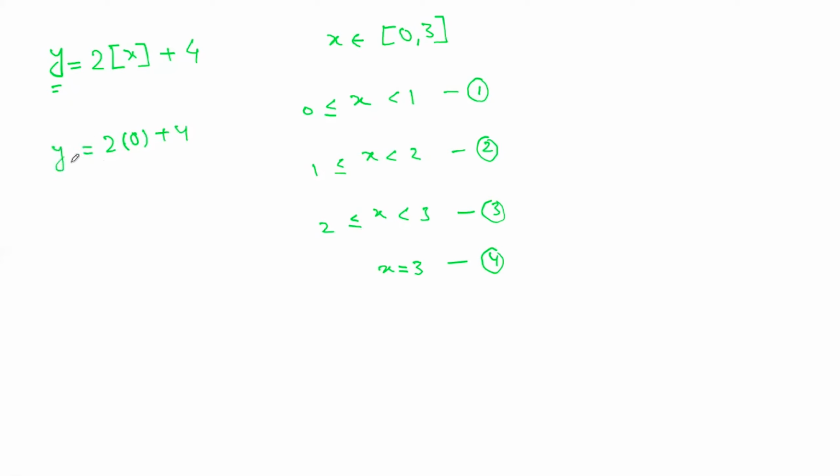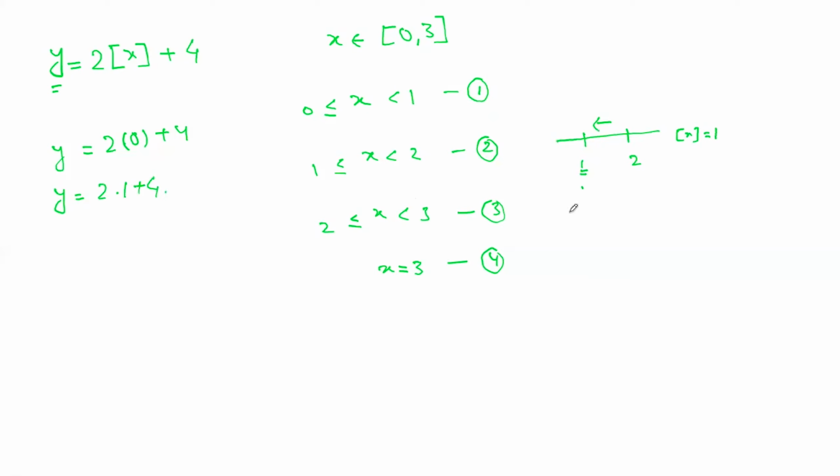In the second case, when x is lying between 1 to 2, we know that the greatest integer in this case will be 1, so this will be 2 into 1 plus 4.